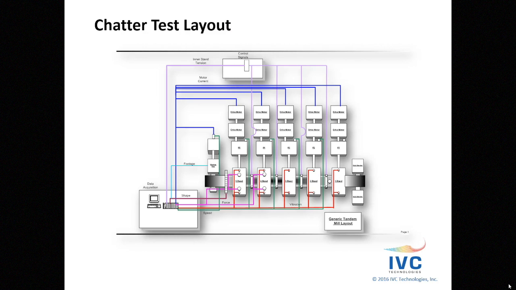A lot of these are control signals, so there are a lot of preparations and protections that have to be in place to make sure that when we plug in, we don't actually interrupt or take down operations. Again, it's a lot of planning and preparation up front to make sure when we get in there to test, we don't have any hitches and we get the data that we need.